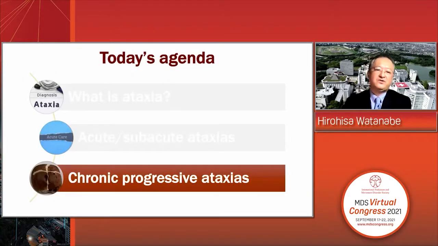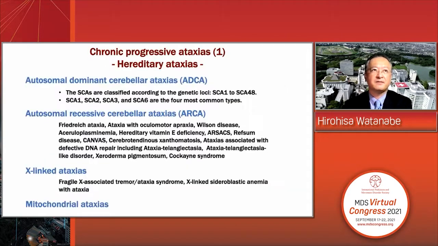Finally, I'd like to discuss the diagnostic approach to chronic progressive ataxia. If we look at chronic progressive ataxia, we should consider hereditary ataxia, including autosomal dominant cerebellar ataxia, ADCA, autosomal recessive cerebellar ataxia, ARCA, X-linked ataxias, and mitochondrial ataxia.